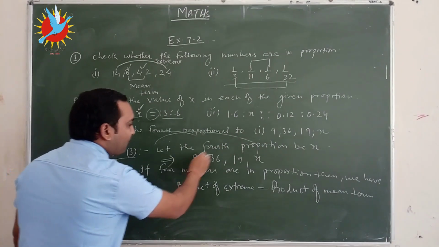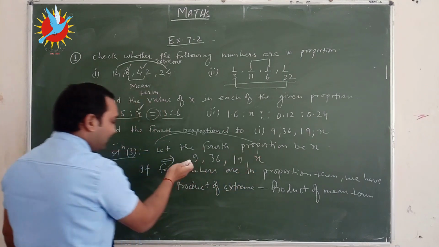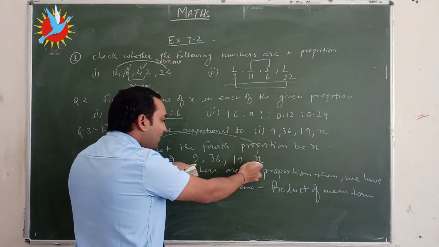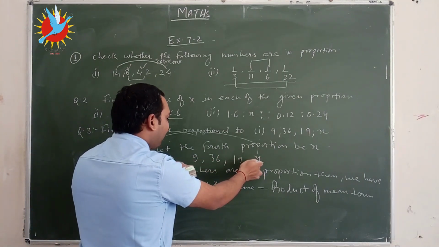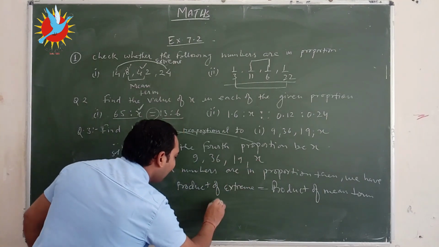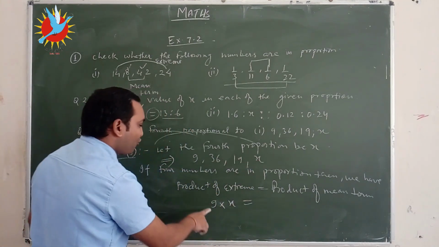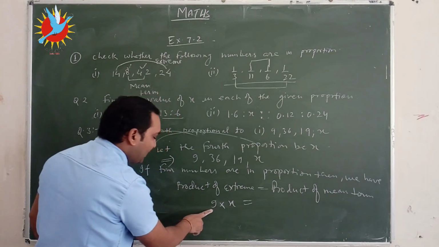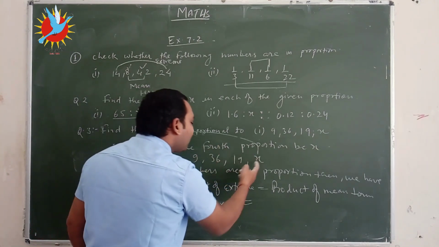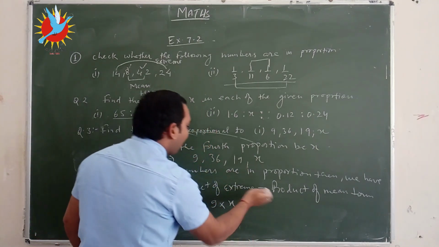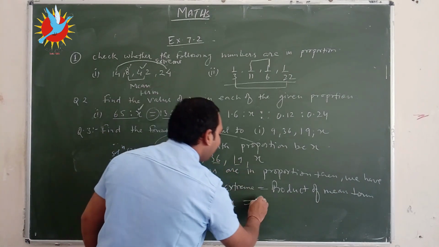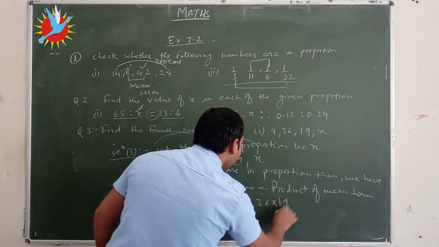So the product of extreme terms is equal to the product of mean terms. The product of extremes is 9 into x; the first and last terms are called the extreme terms. Product means multiply, so we multiply the two extreme terms, and the product of mean terms is 36 into 19.